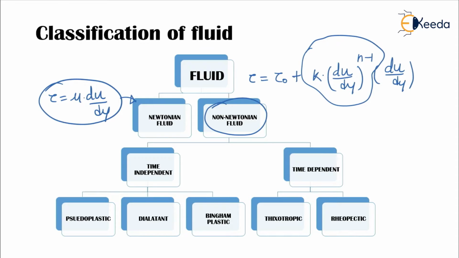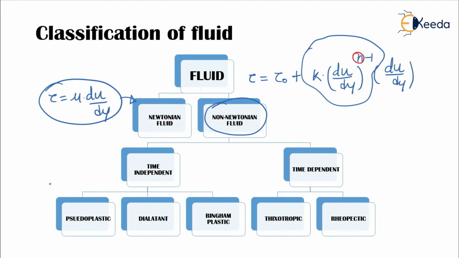Now we will see the effect of this n value, how this n value will change with respect to different fluids. When it comes to time independent fluids, these are pseudoplastic, dilatant, and Bingham plastic.